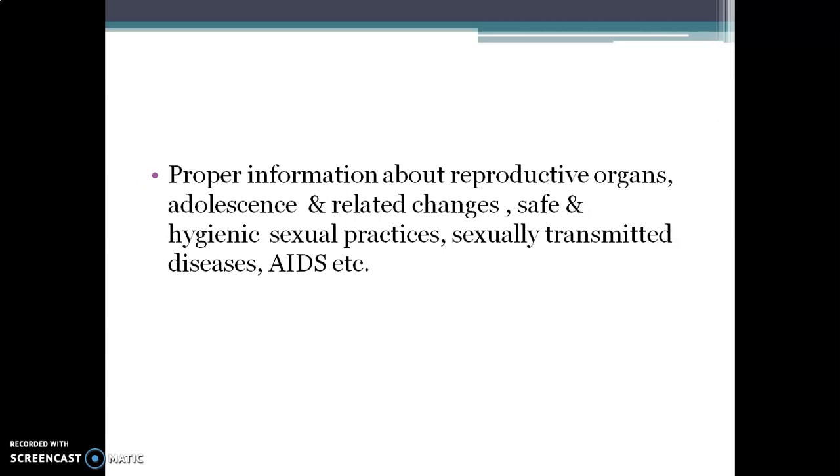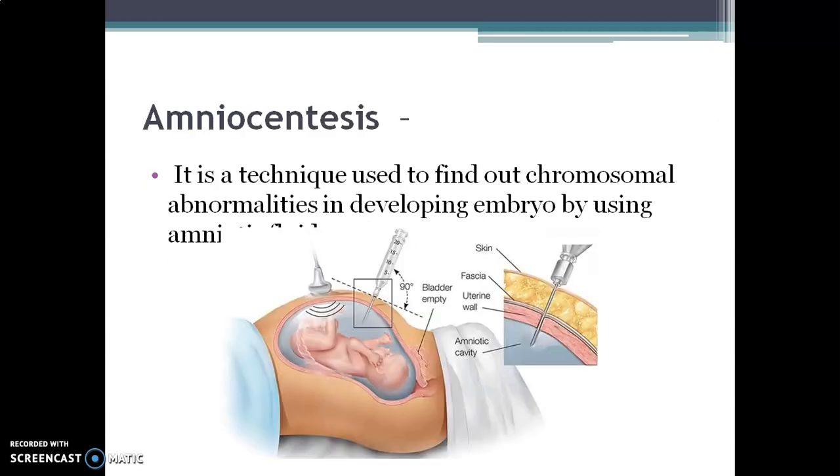And while I explain these all, an important technique is there, that is amniocentesis. Actually, this technique is used to check the abnormality of the fetus. But in India, not only in India, in most of the areas, it is misused to check the sex of the fetus. Actually, what is amniocentesis?